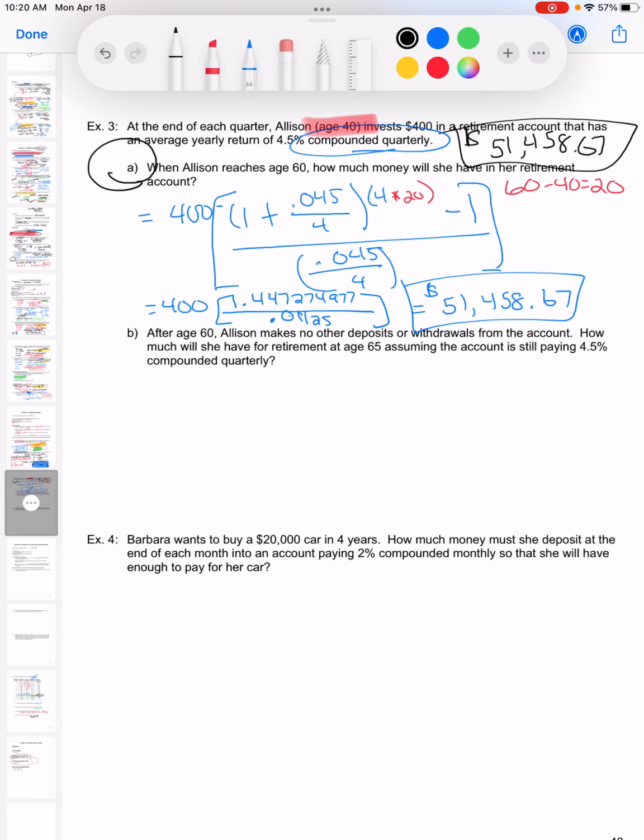All right, now part B, I'm going to continue on using this. After age 60, Allison's not going to make any other deposits because she's not working anymore, so she's not getting that paycheck. She's retired. So now, instead of that 5-3 ordinary annuity, this is going to become the compound interest problem from 5-2.